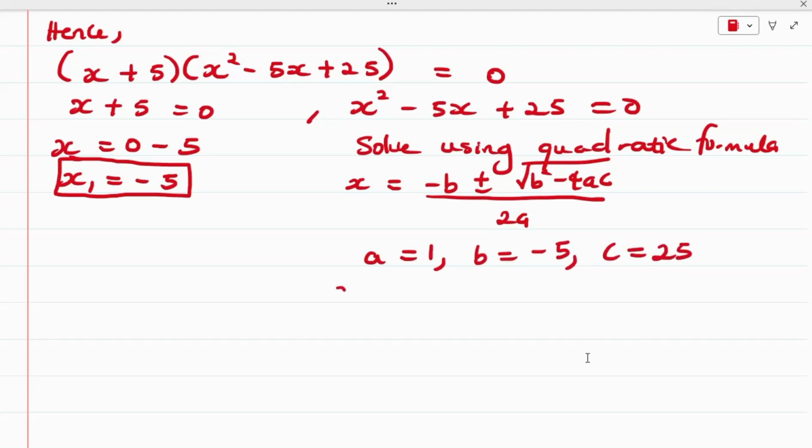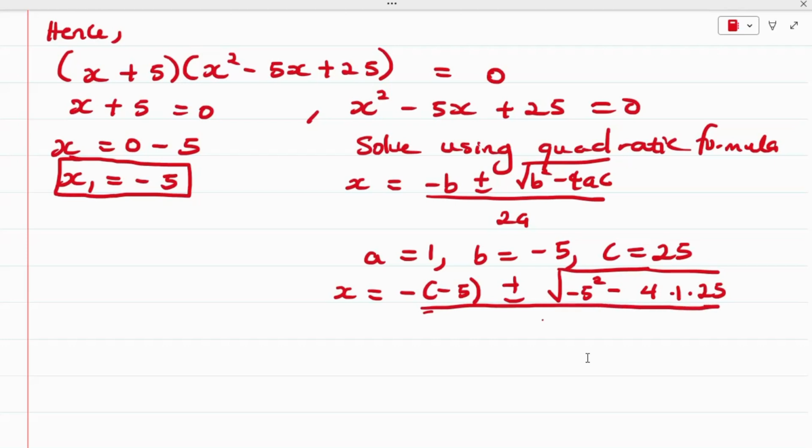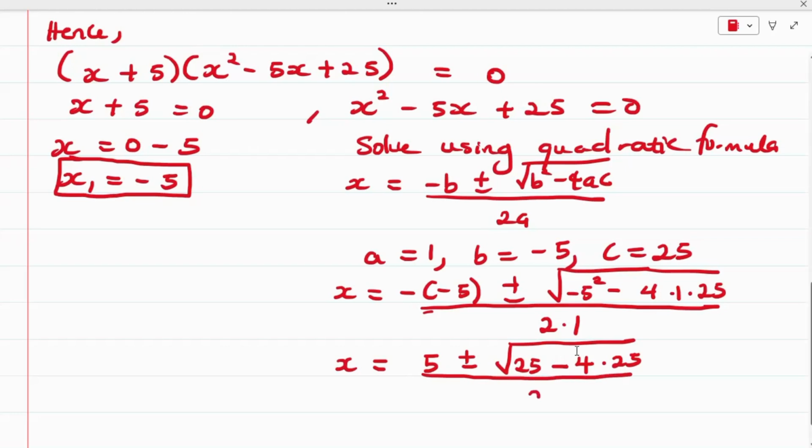So we have that x is equal to minus minus 5 plus or minus the square root of b square, which is minus 5 squared, minus 4 multiplied by a, which is 1, multiplied by c, which is 25, all over 2 multiplied by 1. So minus times minus gives us plus, so this becomes 5 plus or minus the square root of 5 squared, which is 25, minus 4 multiplied by 1 multiplied by 25, over 2 multiplied by 1, which is 2.